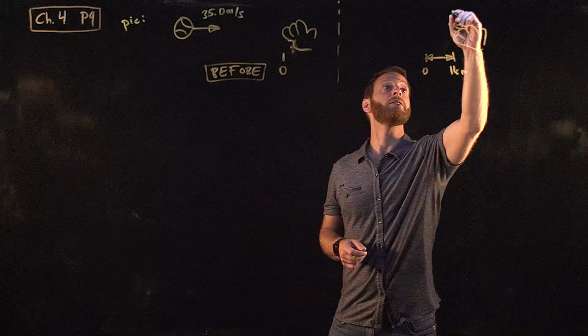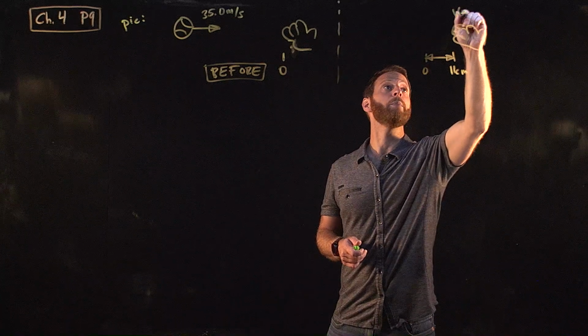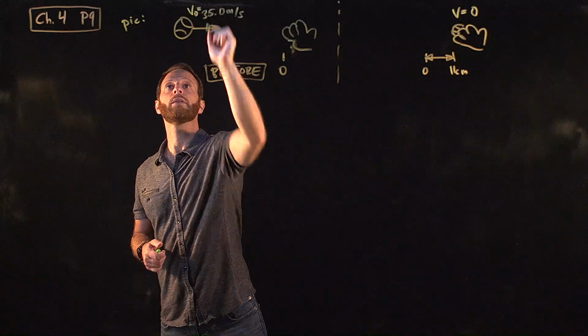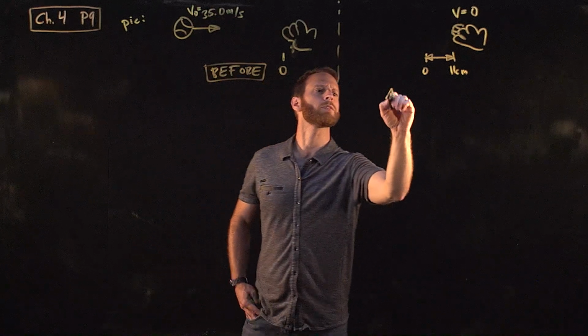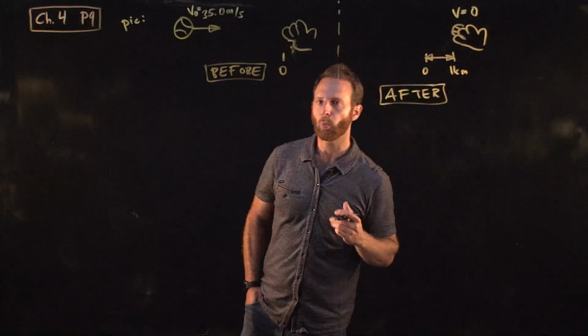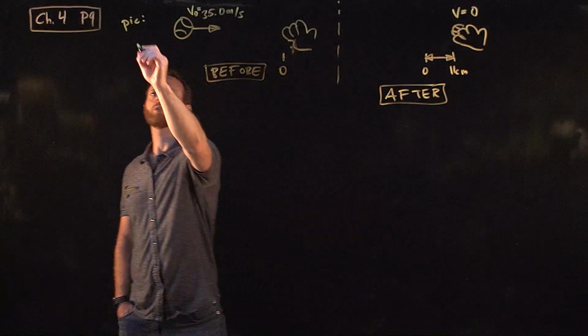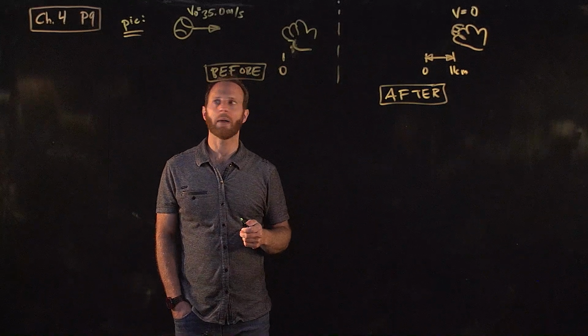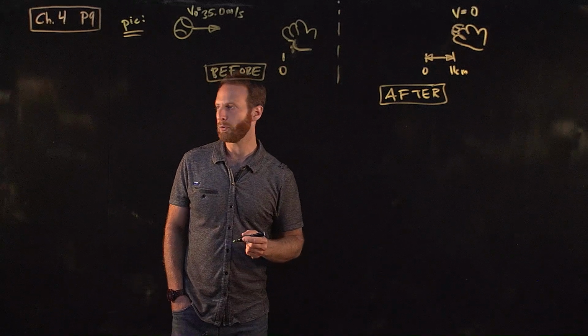And of course, at the end, the final velocity of the ball and mitt together are 0. Initially, looks like that. Okay, so we have the before and after picture. The good news is all this is happening in one dimension. So as far as concepts go, we can just use those one-dimensional kinematic equations that we've been using so far.